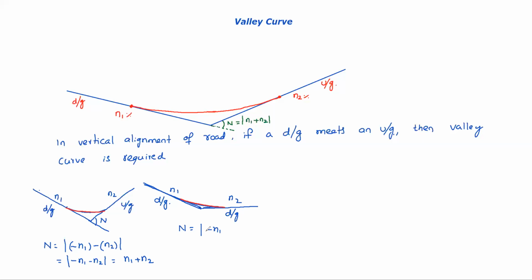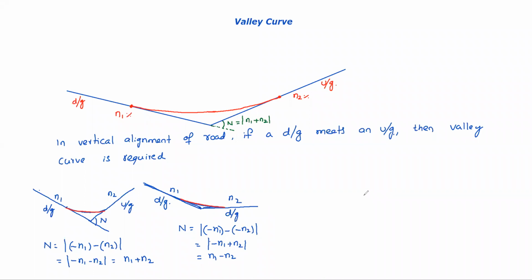Because it is down gradient, it is minus N1, and N2 also down gradient, so minus N2. Steep down gradient, so minus N1 plus N2. Magnitude wise, N1 is more. Obviously, N1 minus N2 is the deviation angle.